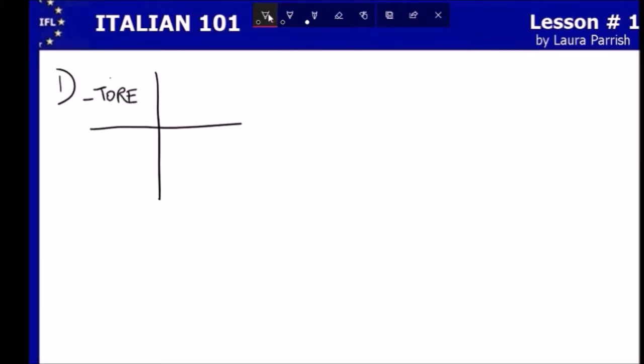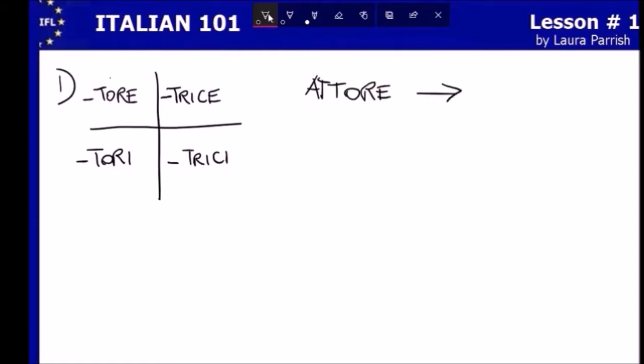So this is tore, trice, tori, and trici. What does that mean? It means that when you have a word ending in tore, like attore, which means actor, you follow this pattern, okay?